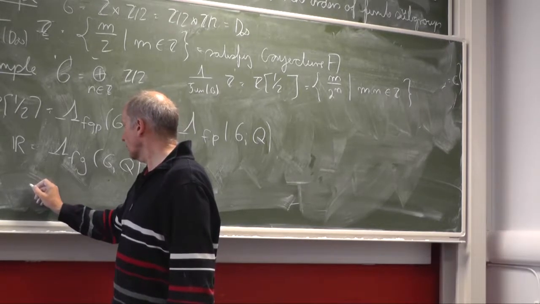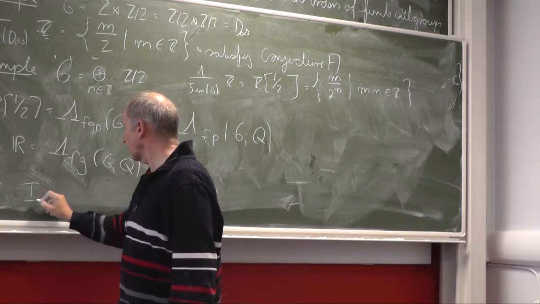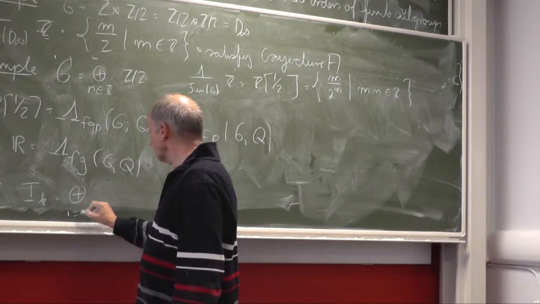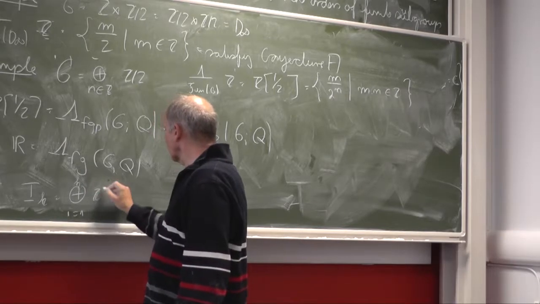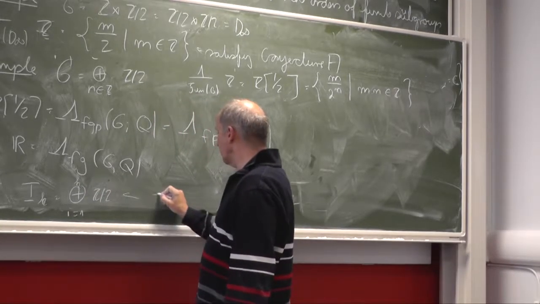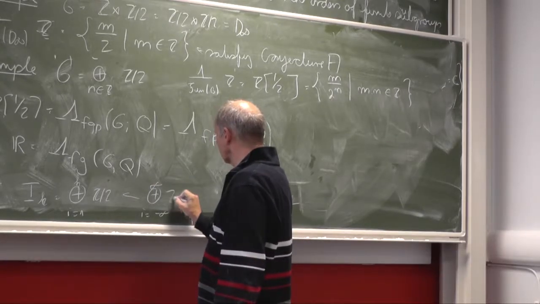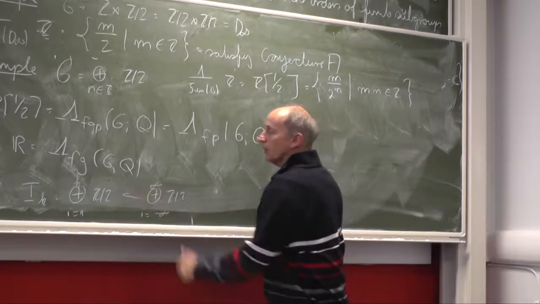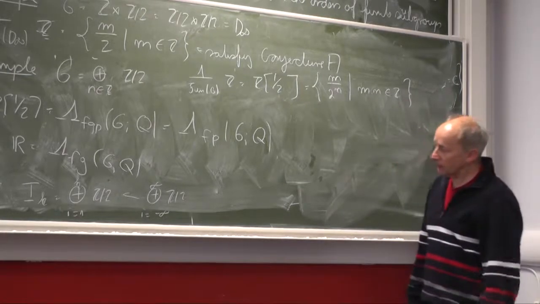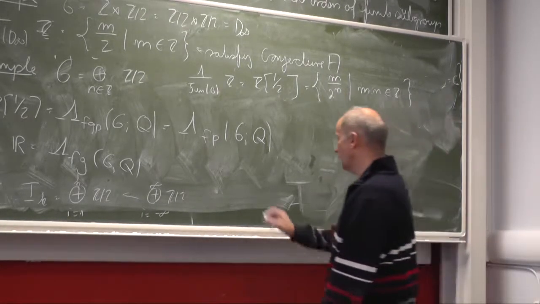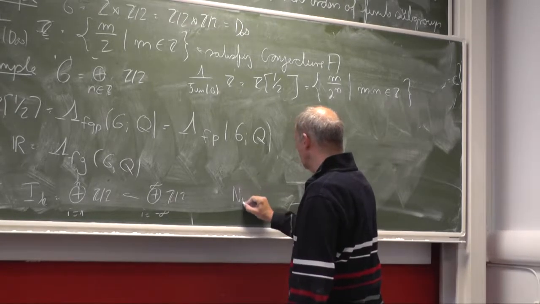So look at the following subgroup, call it I_k. It takes a direct sum in here. So this is a subgroup where you have arbitrary entries at 1, 2, up to k, but you have nothing later. And then you look at the following module.